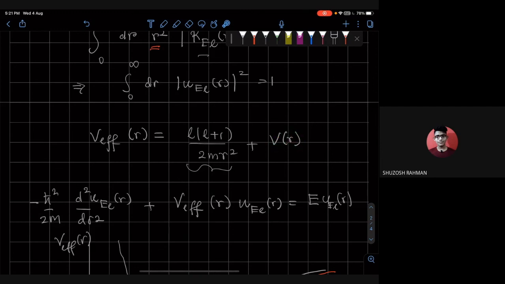Then inside the box, v of r is 0, and outside the box, v of r is infinite. In that case, unless both become 0, v effective will not be 0. Yeah. So it'll become 0 if the angular momentum of the particle is 0. So it will be the spherically symmetric case in which it's 0. Okay.